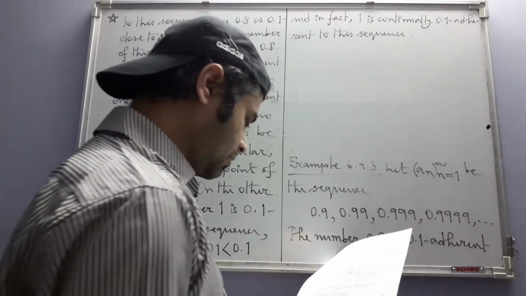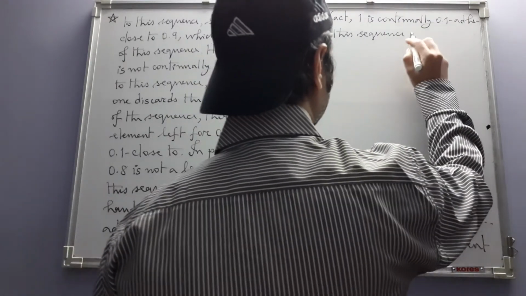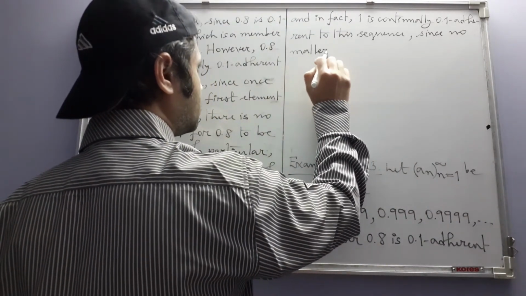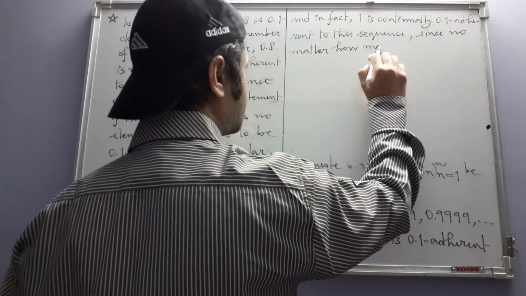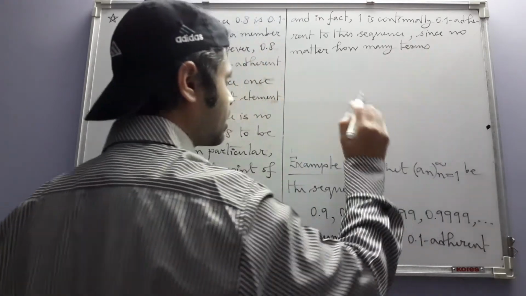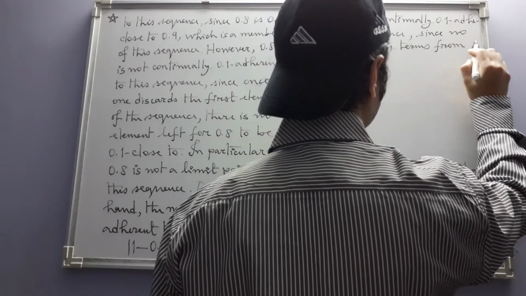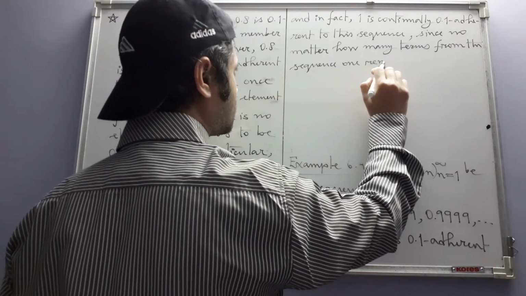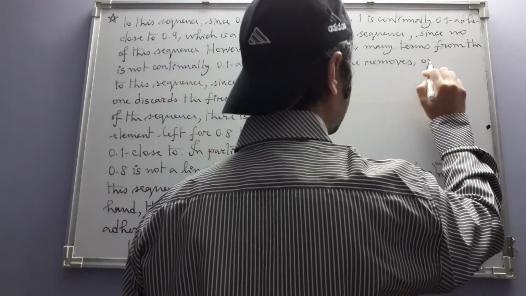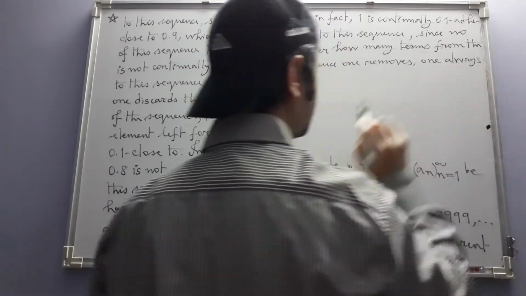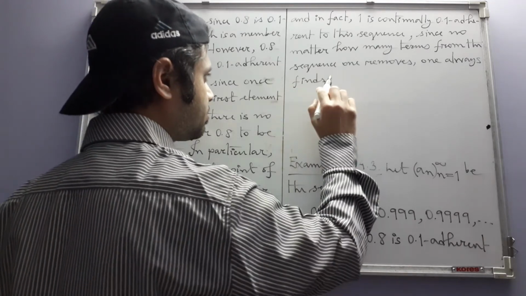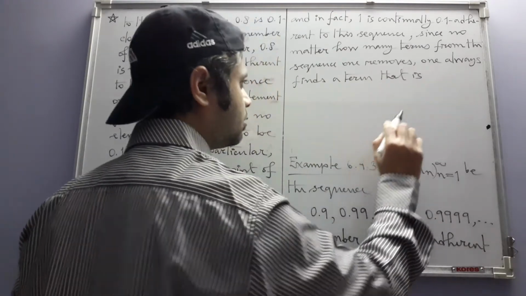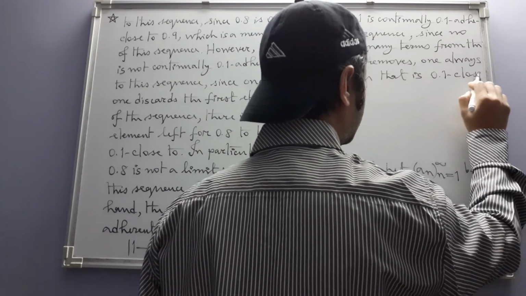Oh, the reason has also been written here, since no matter how many terms or elements from the sequence one removes, one always finds a term that is 0.1 close to 1.